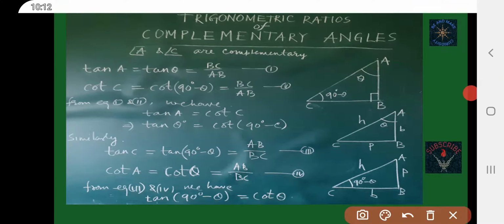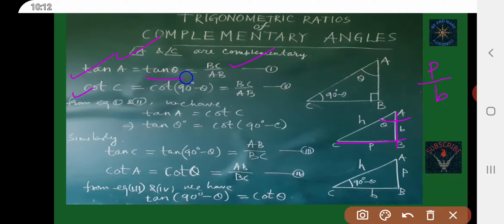Next, as angles A and C are complementary, you find the trigonometric ratios tan and cot. Tan A, this is tan, P by B. Here P is BC, B is AB.